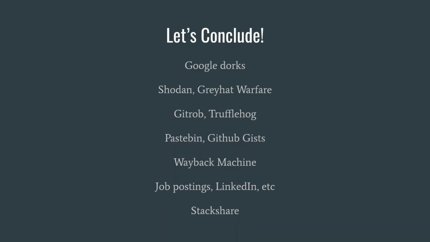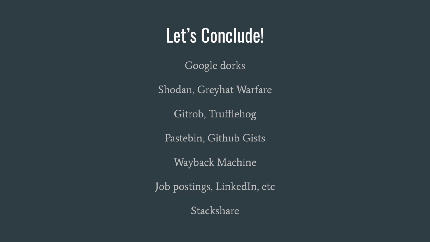Let's conclude by going over the tools that I talked about today. First, you can start your open source recon process by using Google Dorks. You can find many useful search techniques by looking up the term Google search operators. And then you can go to the Exploit Database's Google Hacking Database to find security-related search terms.